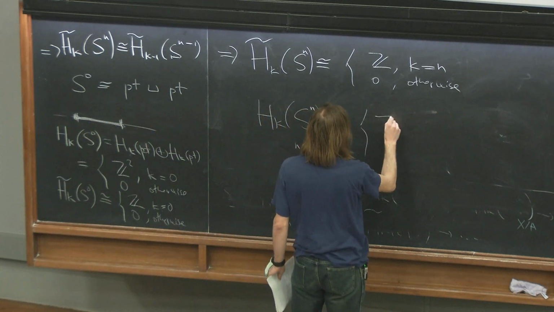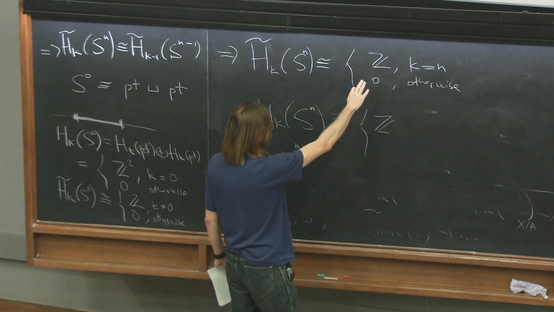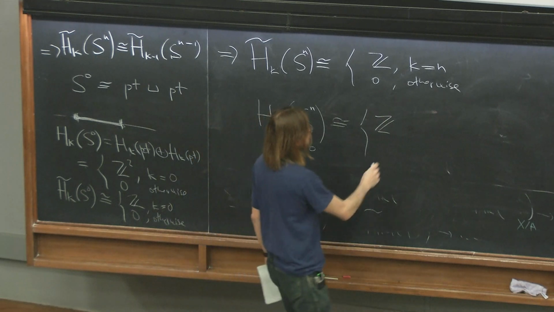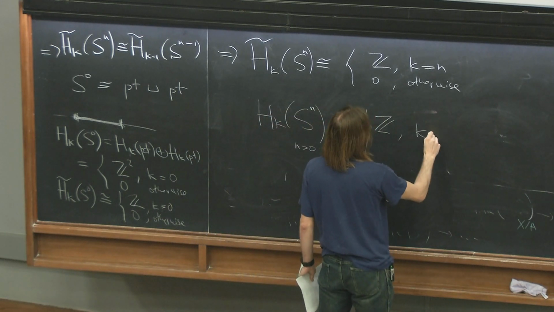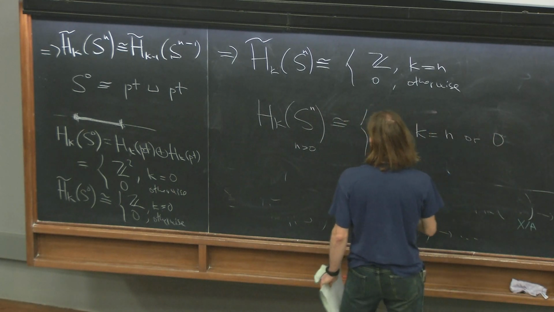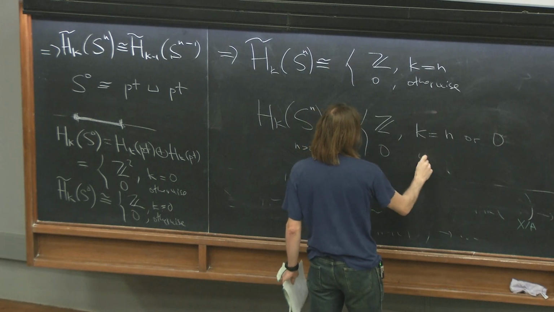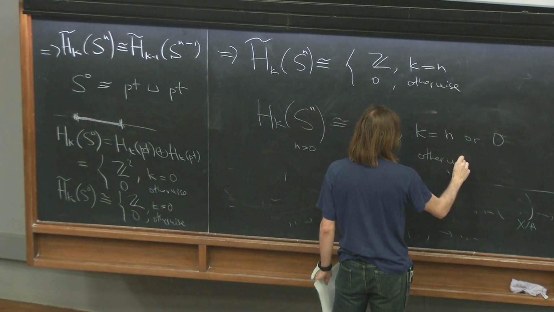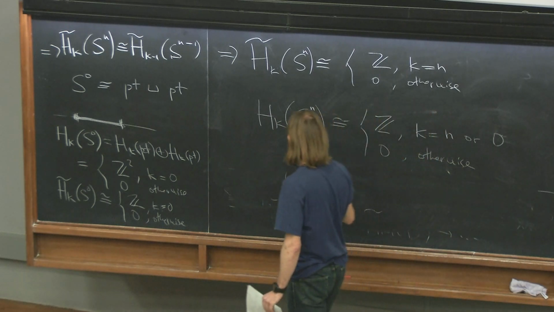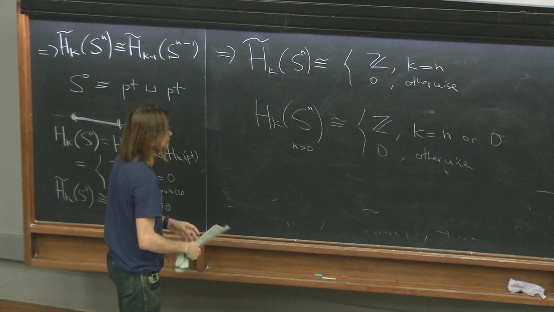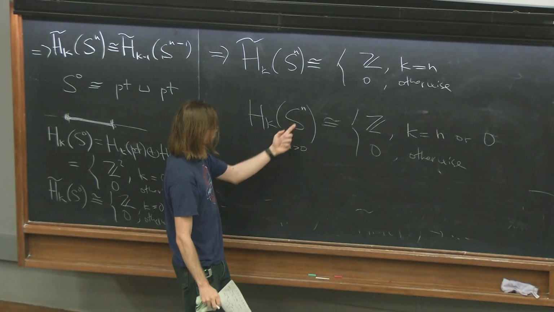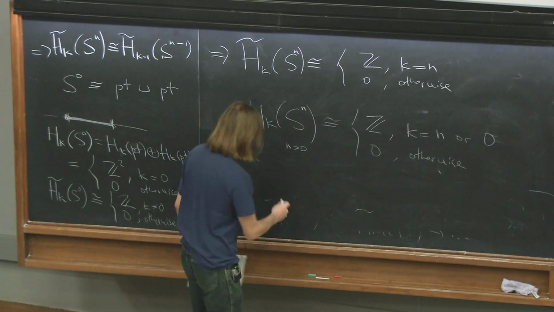Then you want to add a copy of Z for k equals 0 to recover the unreduced. So the answer is Z when k equals n or 0, and 0 otherwise. So these homology groups only have a single non-trivial generator in degree 0 and in degree n, which is the same as the dimension of S^n.